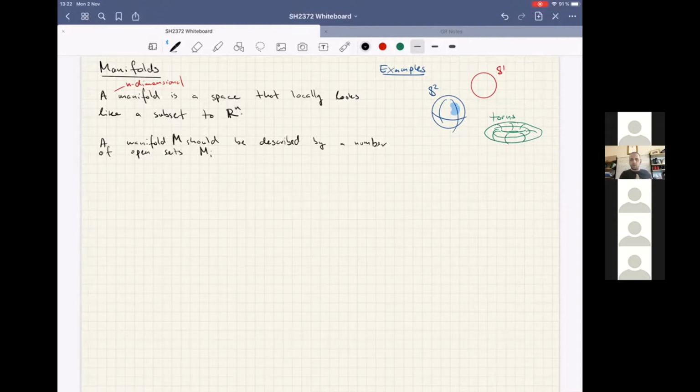So let's call the manifold M. There should be a number of open sets Mi with a corresponding smooth function, which I will call phi i, that should go from Mi to Ui, where Ui is an open subset of Rn.